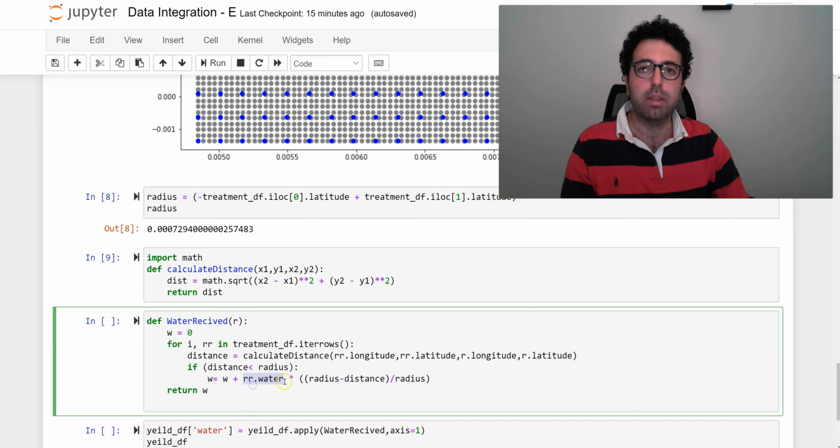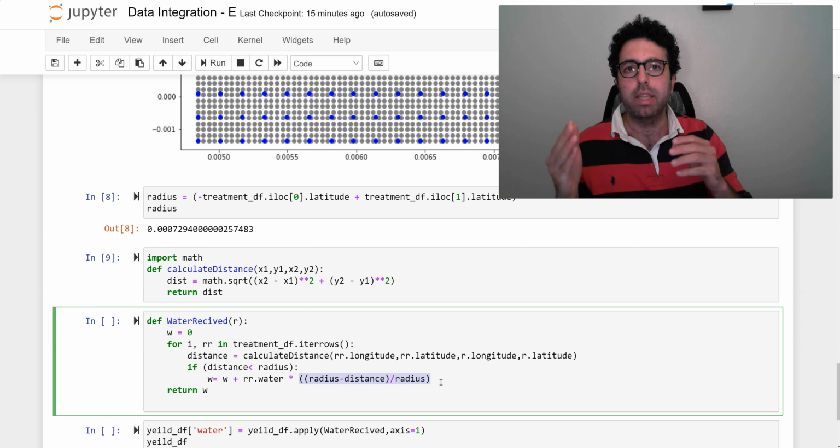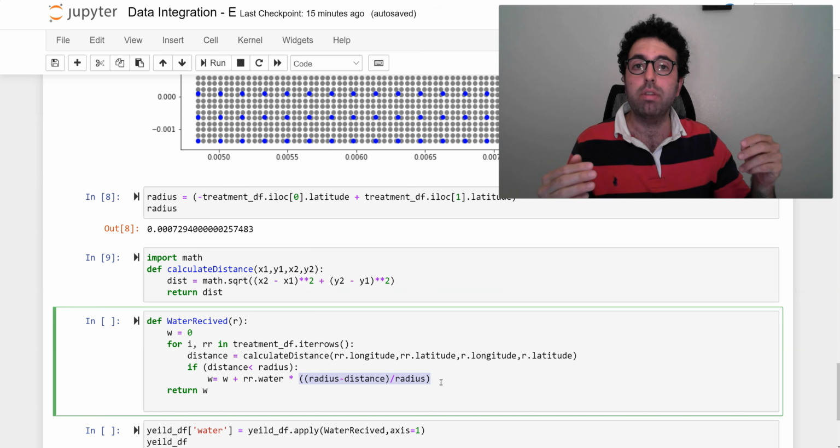Then we add the water amount based on a coefficient. This coefficient is calculated based on the distance between the yield data and the water station. The closer the yield data is to the water station, the higher the coefficient. This is another assumption we are making to integrate this data.